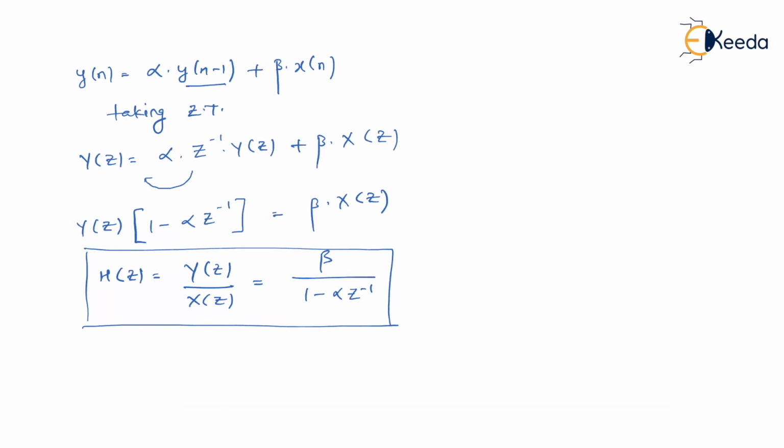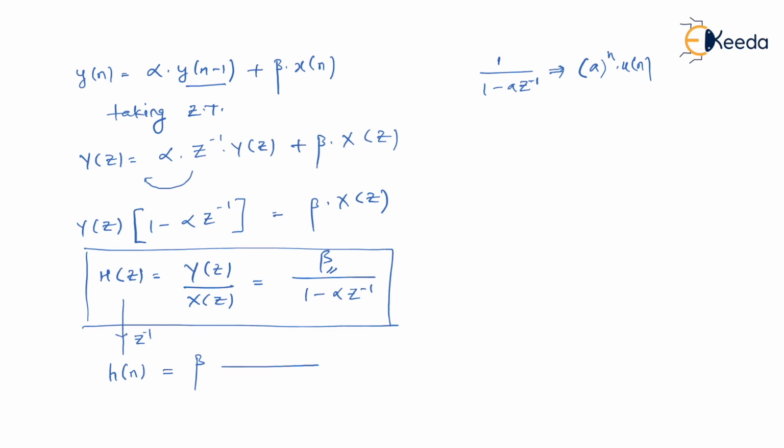Is that right? Now from this H(z), if I take inverse z, then I'll get what? H(n) is equal to, I'll consider beta as constant, and you know that if it is 1 upon 1 minus a z inverse, then it is equal to a to the power n u(n).